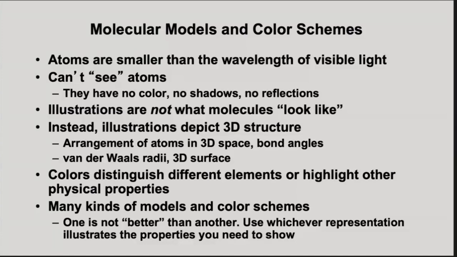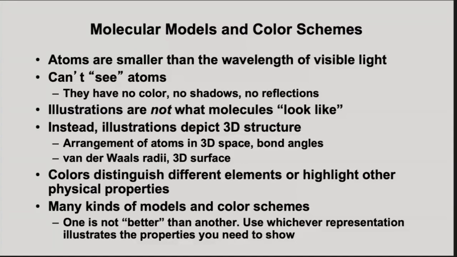So one very common color scheme is to just colorize the individual elements to distinguish them from one another. And we'll talk about a kind of standard that's been adopted in chemistry for coloring the elements different colors. But there are other color schemes as well that are meant to depict some different feature of the physical properties of an atom or molecule.